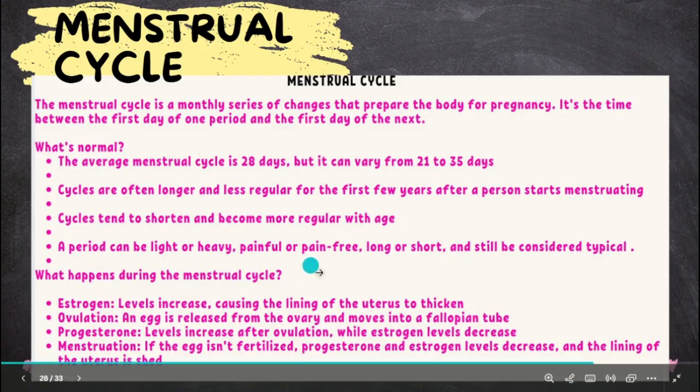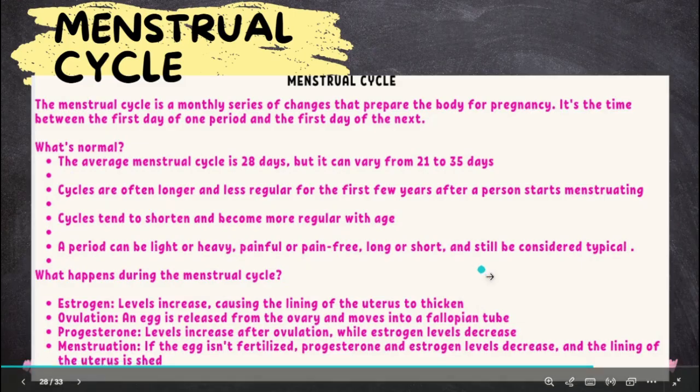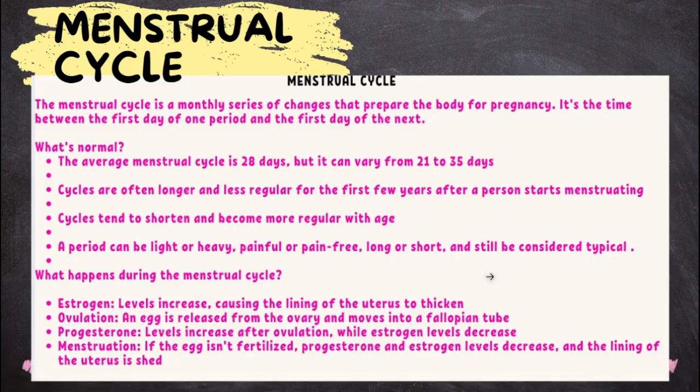So what happens during the menstrual cycle? Estrogen levels increase, causing the uterine lining to thicken. Then what's going to happen is ovulation. The egg is released from the ovary, moves into the fallopian tube. Progesterone levels increase after ovulation, while estrogen levels decrease.